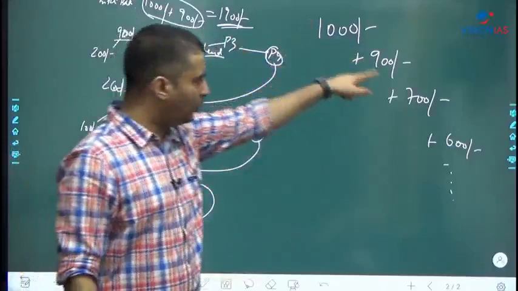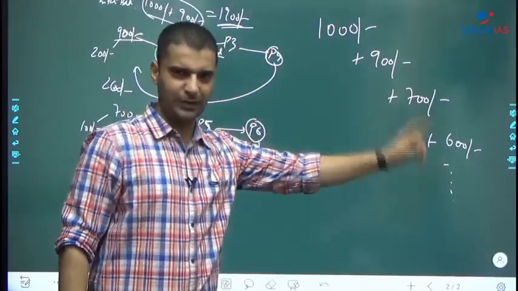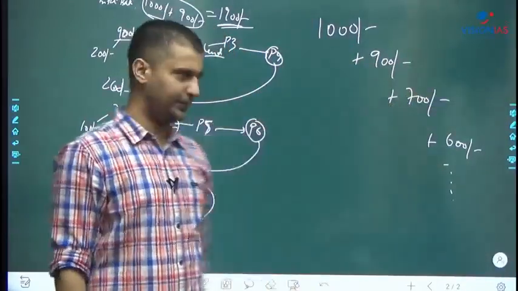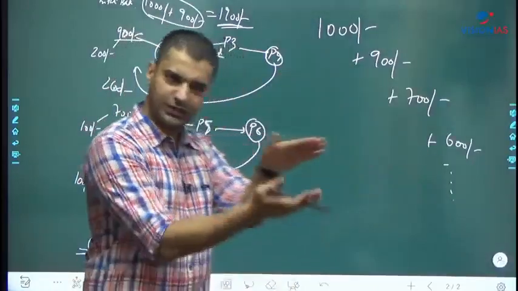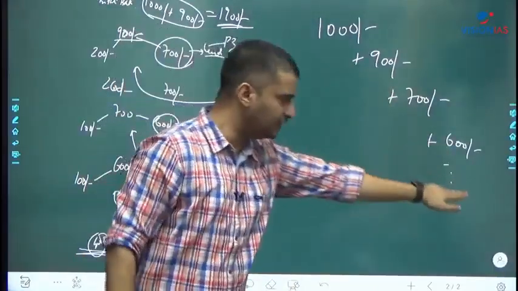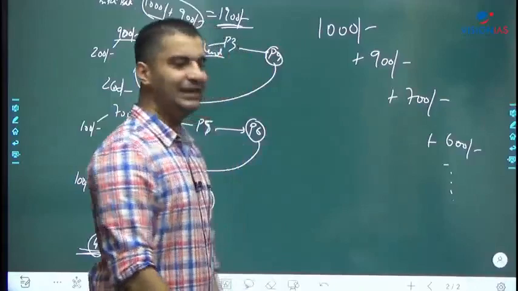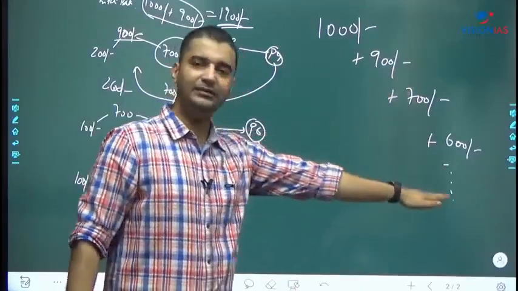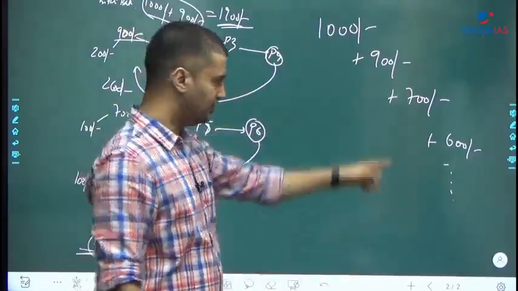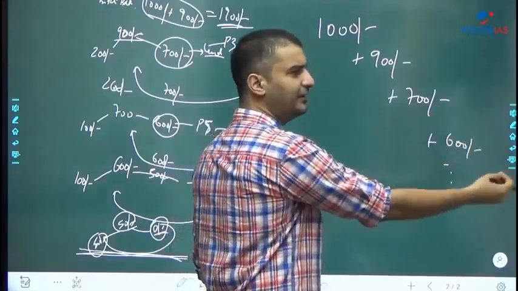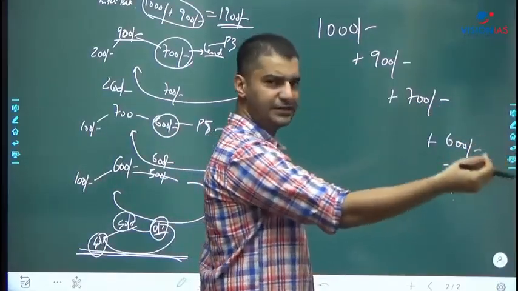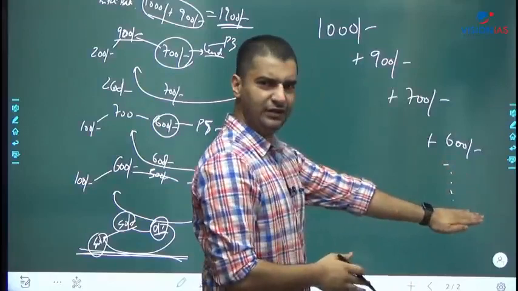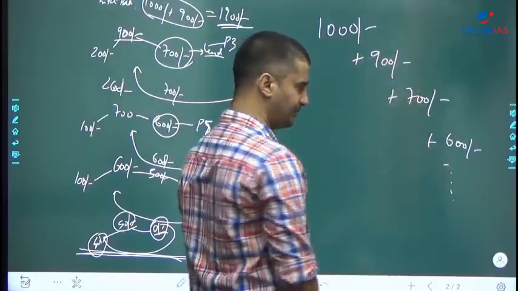So in every round some new money keeps on coming back to the bank, which enables the bank to create more money. Eventually this process will stop. Eventually this number will decrease to zero. Let us say at the time that this number decreases to zero, 600, say 400, say 200, say 100, say 50, say 25, eventually it will come down to zero. Why? Because it is decreasing in number.